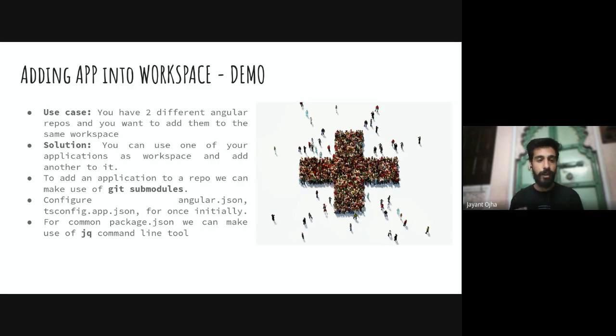So we have a command line tool known as jq, which understands JSON, and it can help us merge package.json files on every update. So when our sub-repository has a new dependency update and we pull in the new changes, we are going to merge the package.json files and add it to the source of the repository so that we don't face any issues. So this is something. Can you move on to the next slide, Rob?